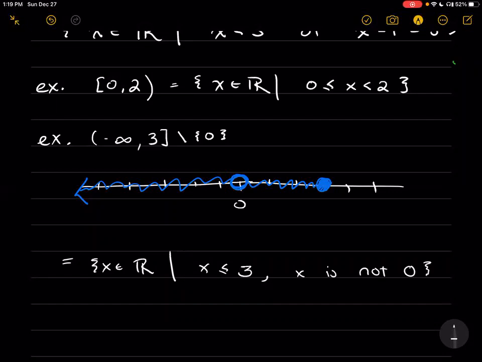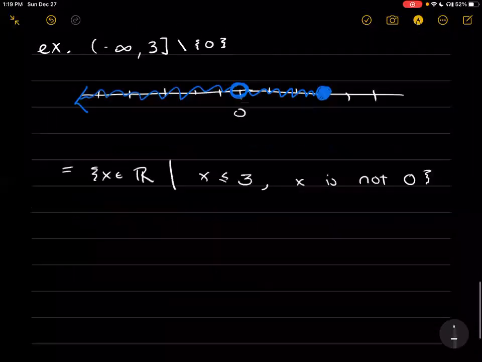So this again demonstrates why set builder notation is so nice, because you can make very complicated sets very easily since you can use some English in there. You just have to be careful not to overdo it. Words like or, and, not, those are really the only words you want to see in set builder notation.